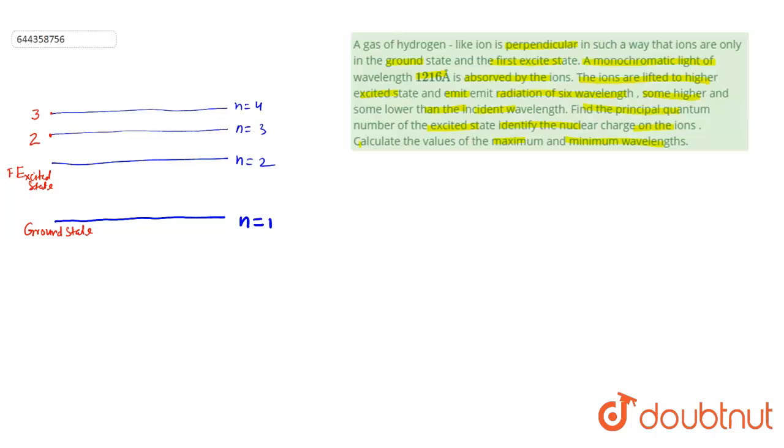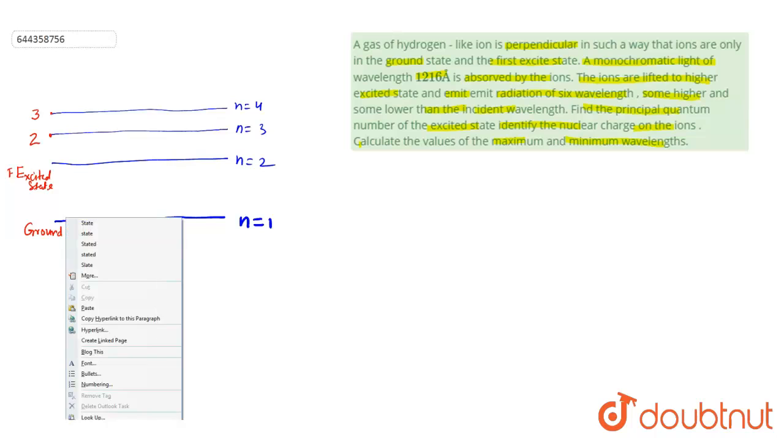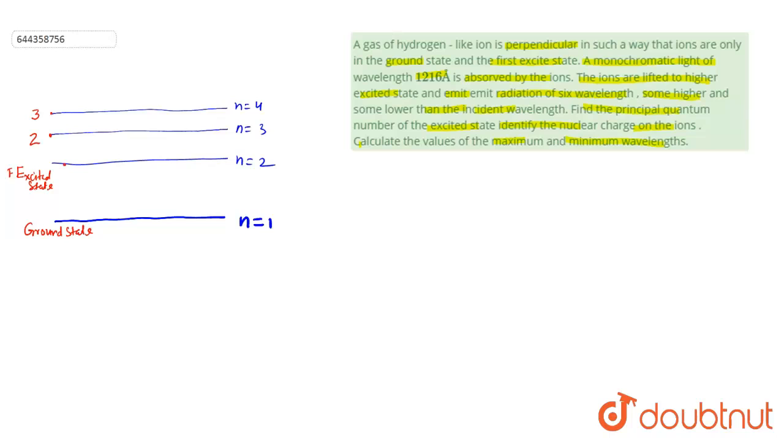Now the hydrogen-like ion is prepared in such a way that the ions are only in the ground state. So suppose the ions are in the ground state here or here, and then a monochromatic light of wavelength 1216 is absorbed by the ions, and the ions are lifted to a higher excited state.